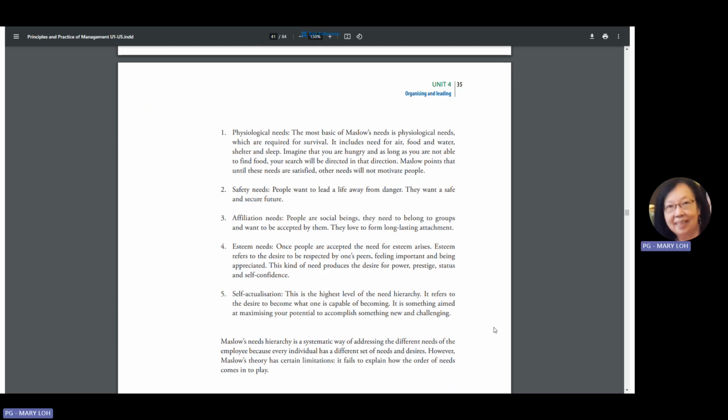And when you explain this theory, every single level, you have to connect it with whether it is junior or senior level staff. All right. If you just write the theory and you don't give any example, you don't relate, I'm not sure whether you pass this particular question or not.